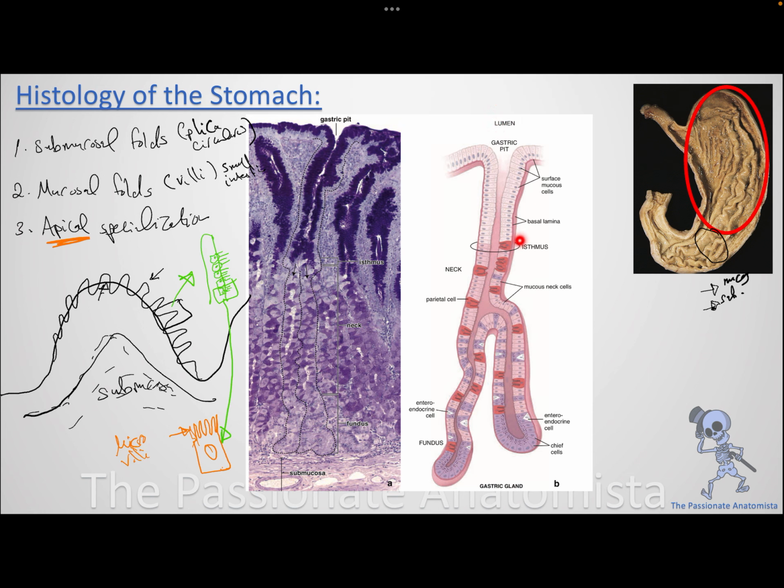So if you look at the upper part of my histological section in the stomach, I will see what I call the gastric pit, and down I have the gastric glands.